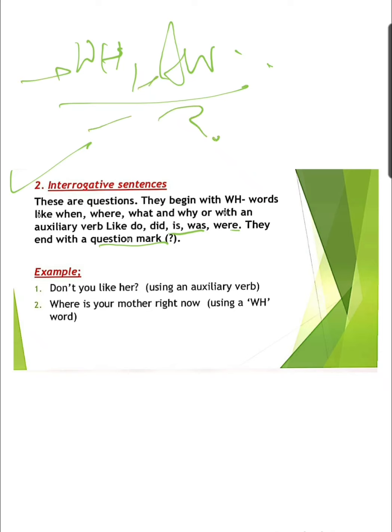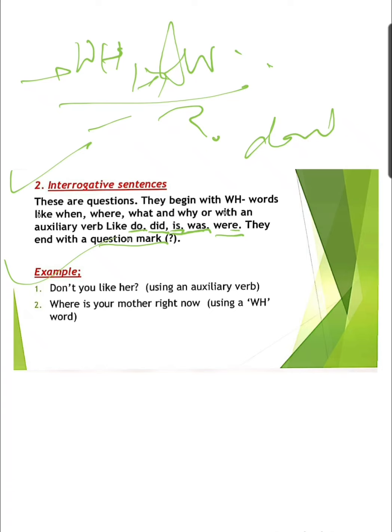The auxiliary verbs would not always be do, did, is, was, were. It can be don't as well, didn't, isn't, wasn't, weren't, etc. Fine, hope you understand that.